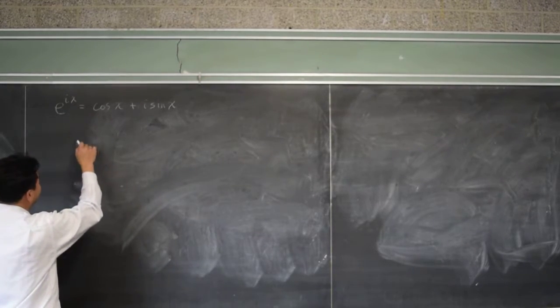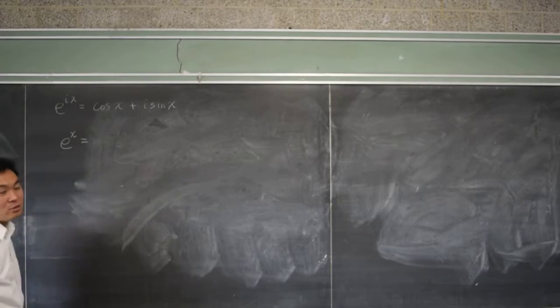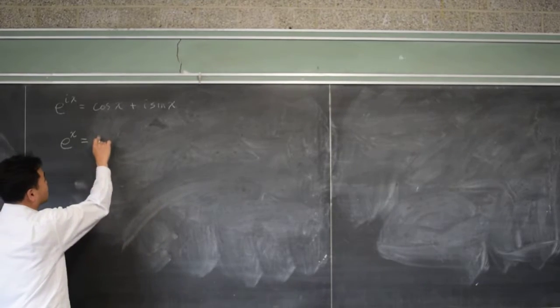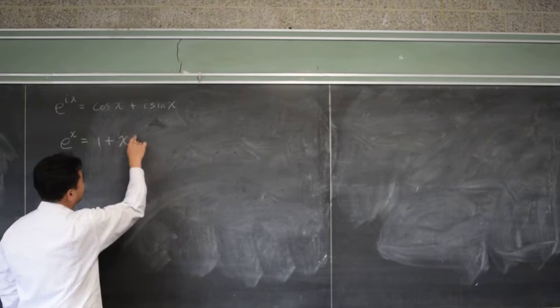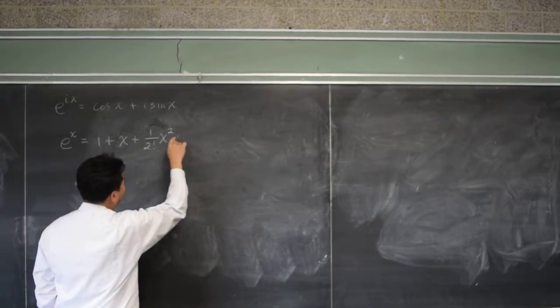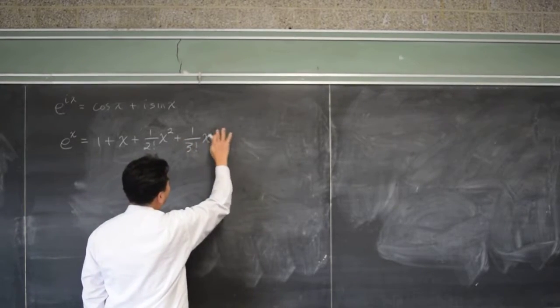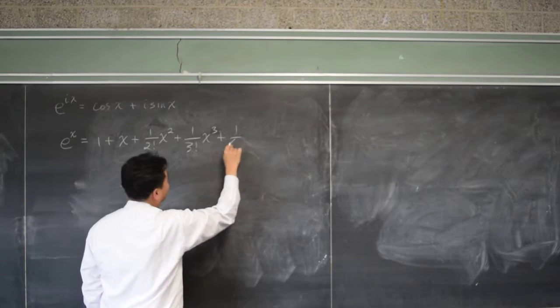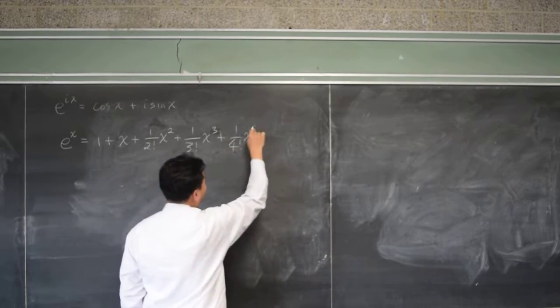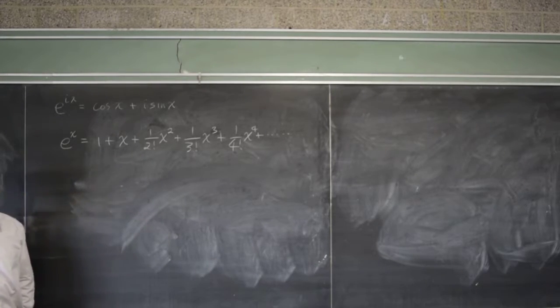So first thing about Taylor series is that you can express e to the x as 1 plus x plus 1 over 2 factorial x squared plus 1 over 3 factorial x cubed plus 1 over 4 factorial x to the 4th plus, and it goes on, it doesn't end.